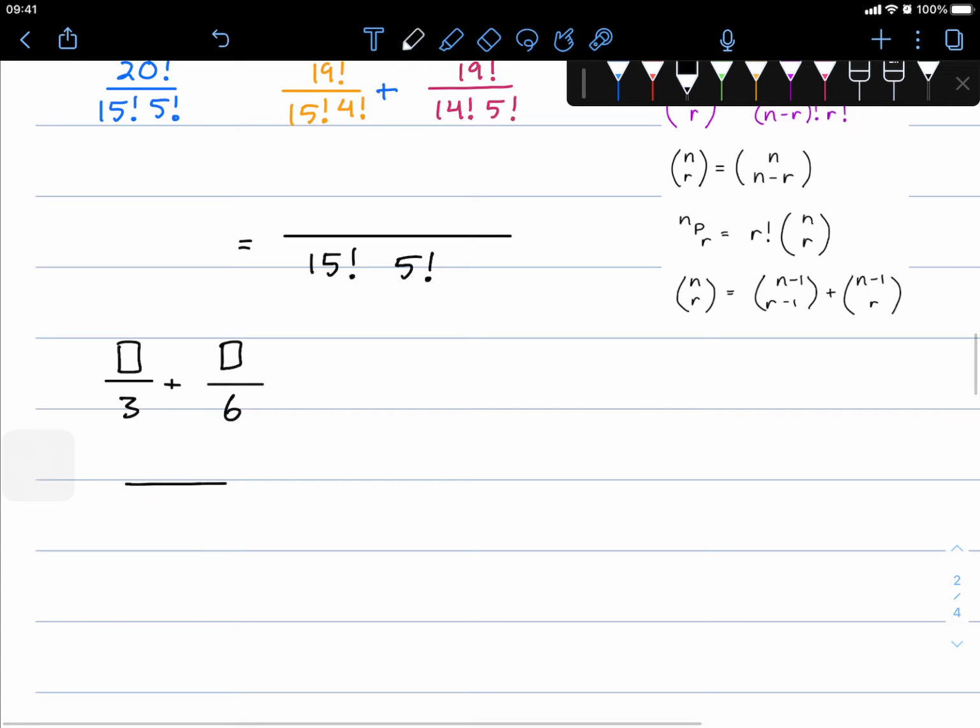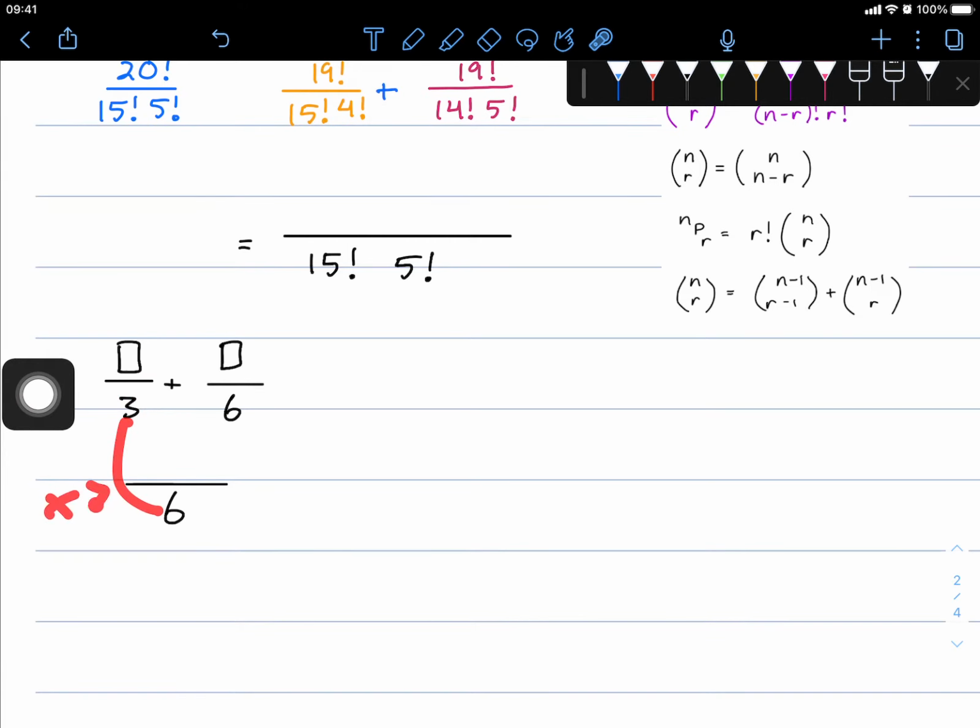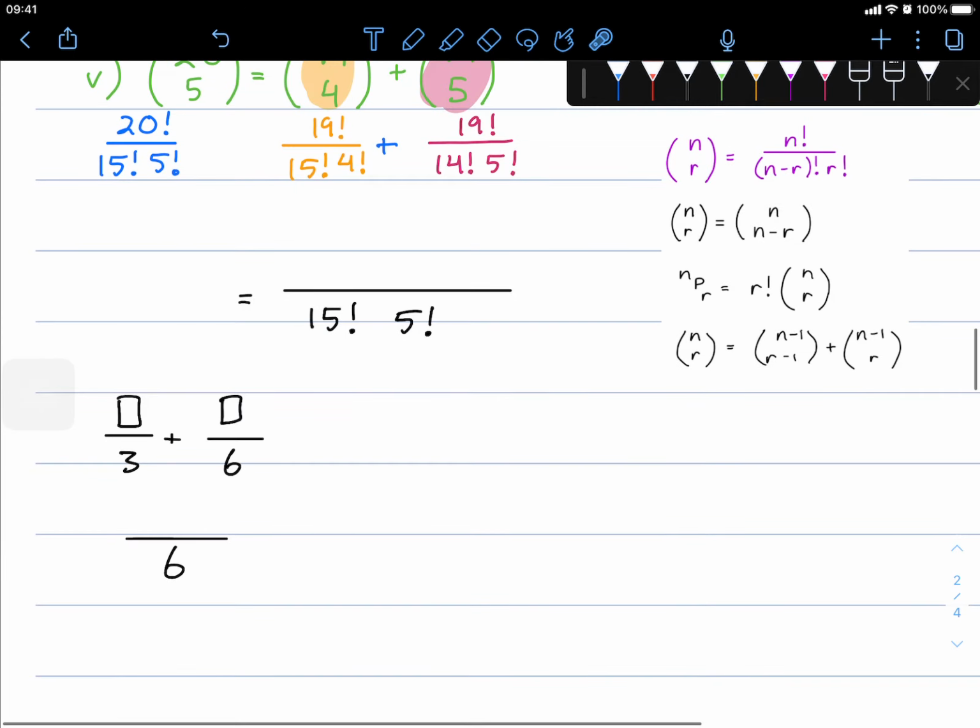Between the two, they're both going to become 6 because, well, this one's already 6. This one just needs to multiply by 3 to become a common multiple. So in the exact same way, 15 and 14 factorial become 15 factorial, and 4 factorial and 5 factorial become 5 factorial. That's the lowest common multiple.